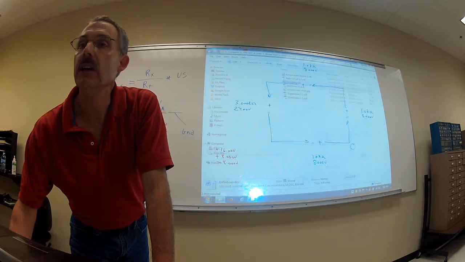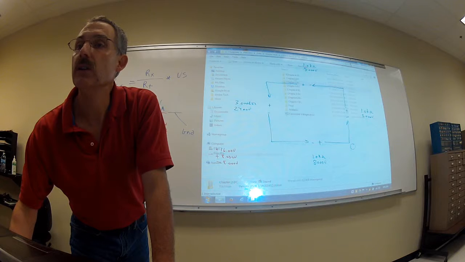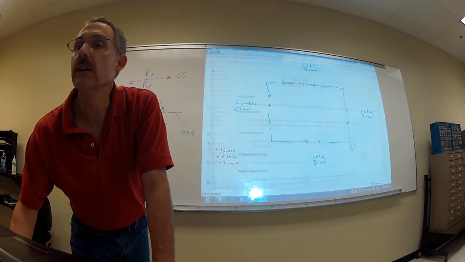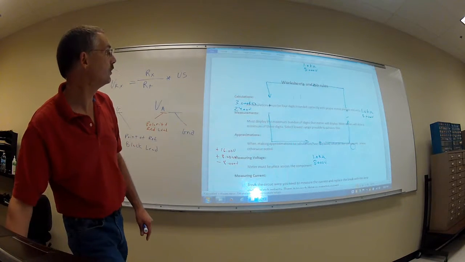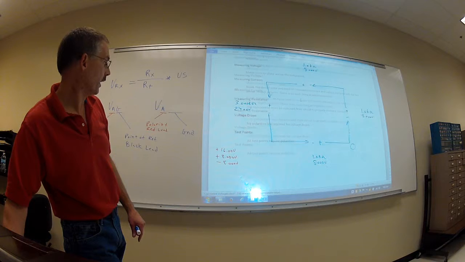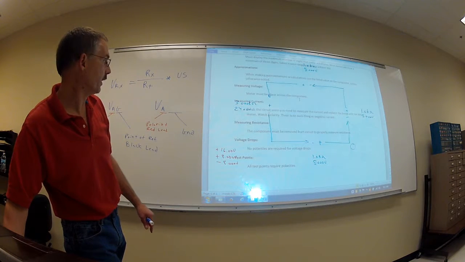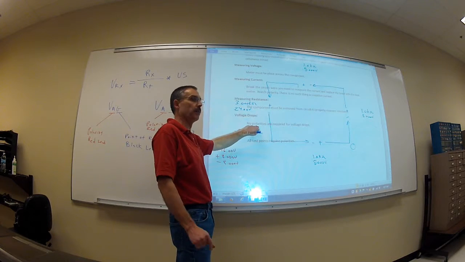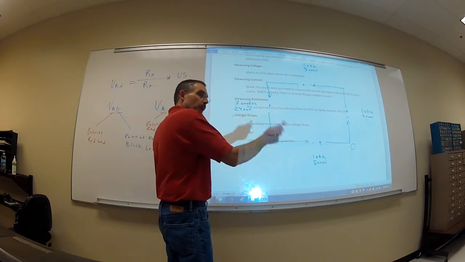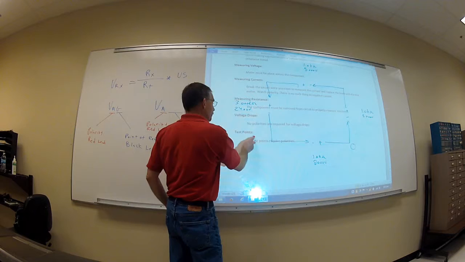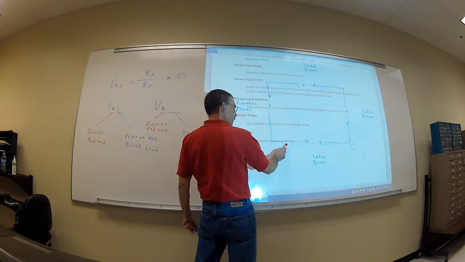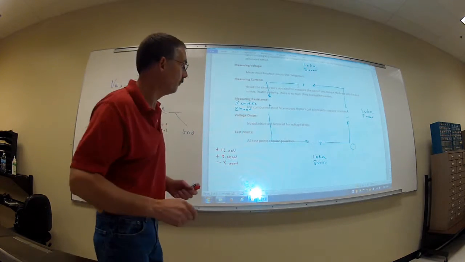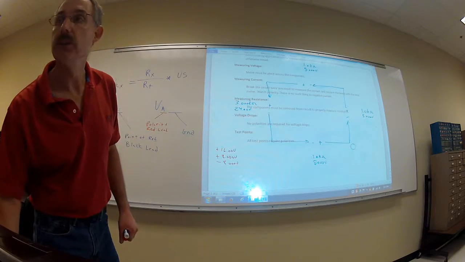Here on our worksheets and lab rules, voltage drops never require polarity, because they're just voltage drops and we don't know which way we're measuring from. But all test points always require polarities.